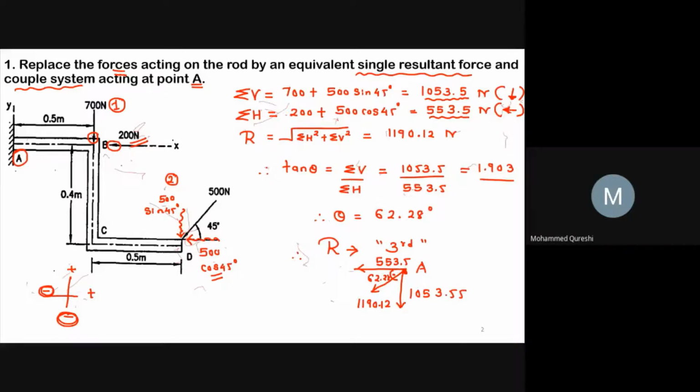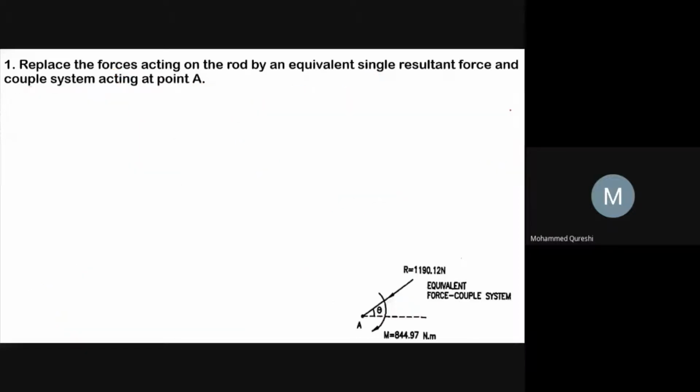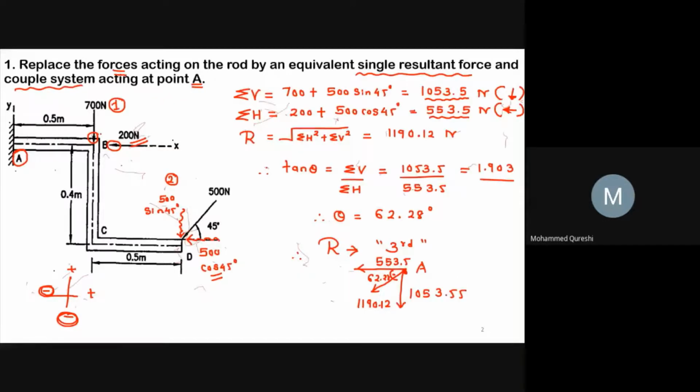So now, as we had calculated the value of sigma H, sigma V, and R, now we can go for moment. So, as we have to replace at point A, therefore, taking moment about A, so M A will be equals to, our first force is 700 over here.